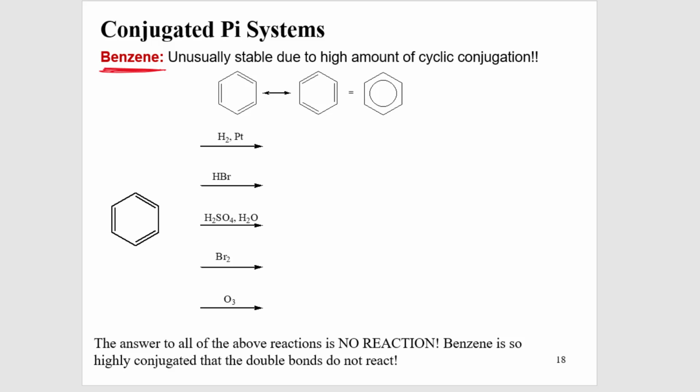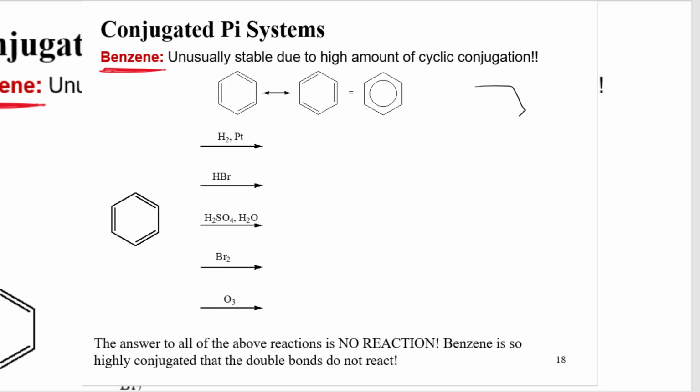Look at the double bonds. If we were to write p orbitals instead of the double bonds, you'd see that every single carbon of the benzene ring is sp2 hybridized.